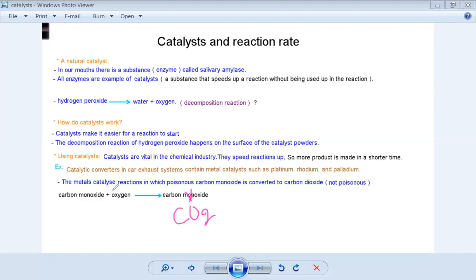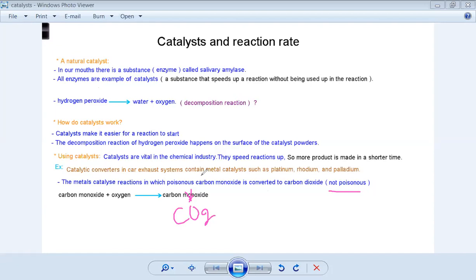So the metals catalyze a reaction in which poisonous carbon monoxide is converted into carbon dioxide, which is not poisonous. So they are adding catalytic converters, which speed up the reaction and convert the product at the same time into a less harmful compound, okay?